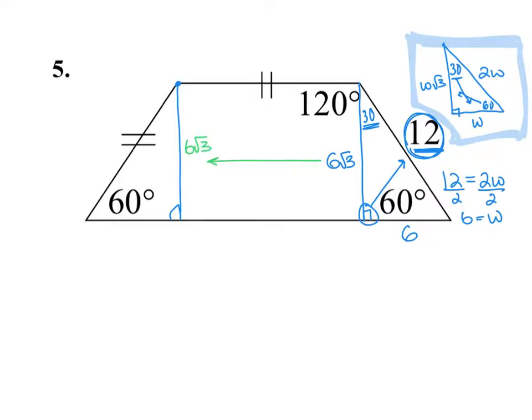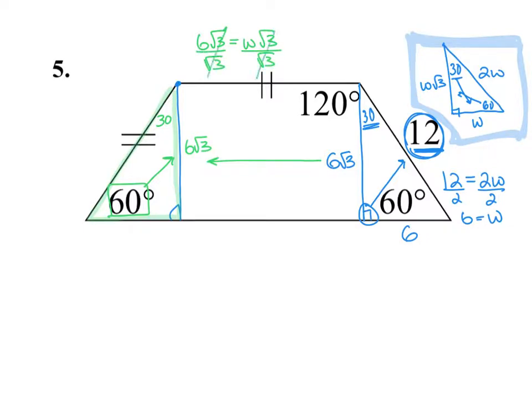All right, so now we have another 30, 60, 90 over here. It's 30 degrees. Okay, we got the side across from 60 is 6 root 3. So up here I'm going to say 6 root 3 equals, if we refer again back to our original 30, 60, 90, W root 3. Get W by itself, so we divide by root 3.